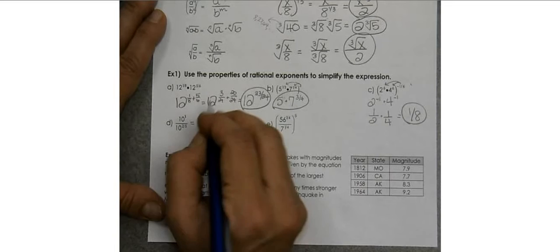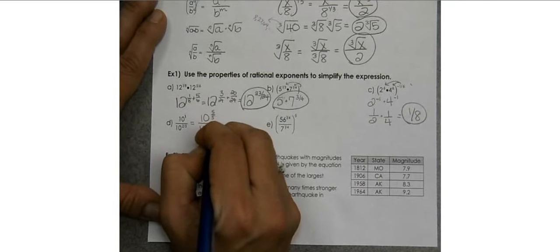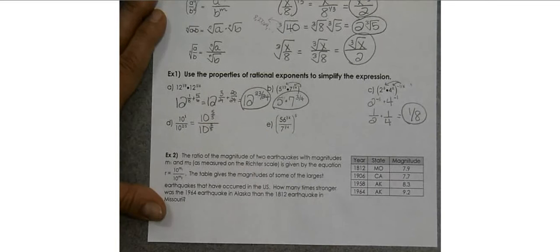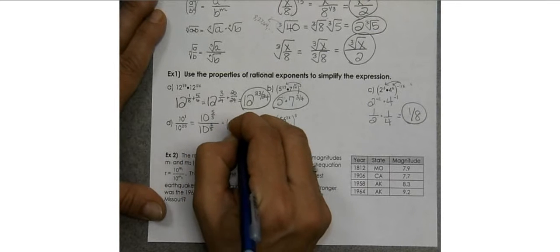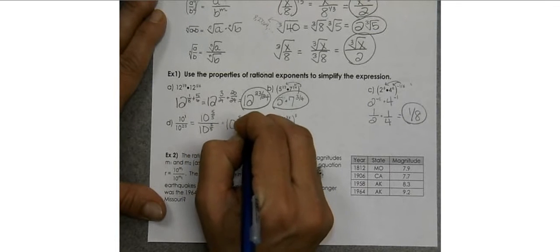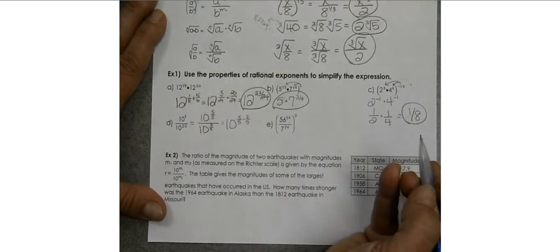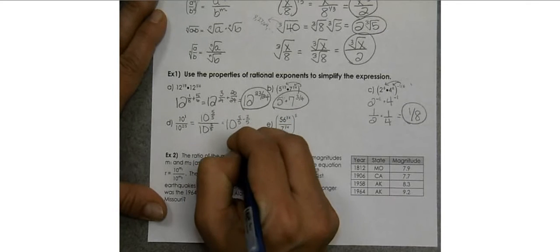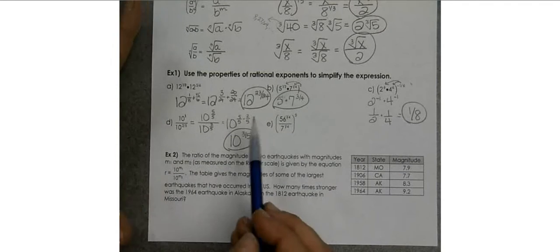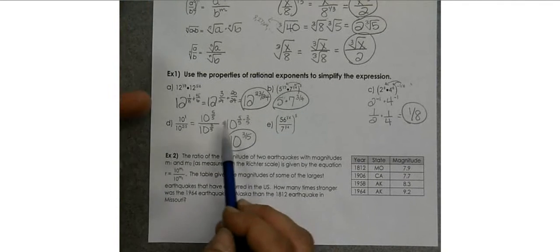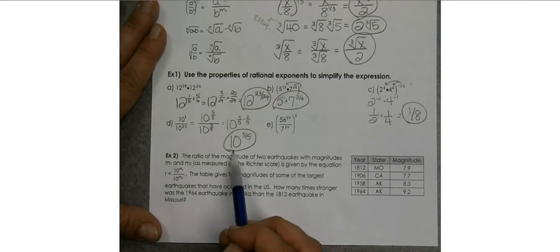And the reason I would do that is because if in the denominator I have 10 to the 2/5, essentially what I'm going to be doing is subtracting 5/5 minus 2/5. And that gives me 10 to the 3/5. And again, you don't have to write this step, or you could write it differently, but as long as we get to that answer of 10 to the 3/5.